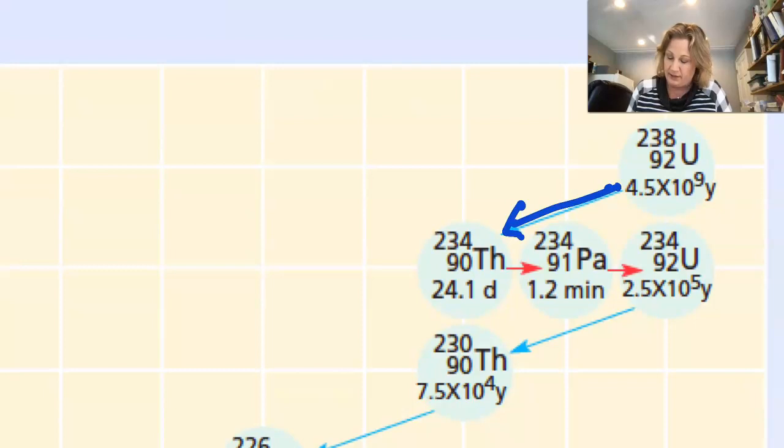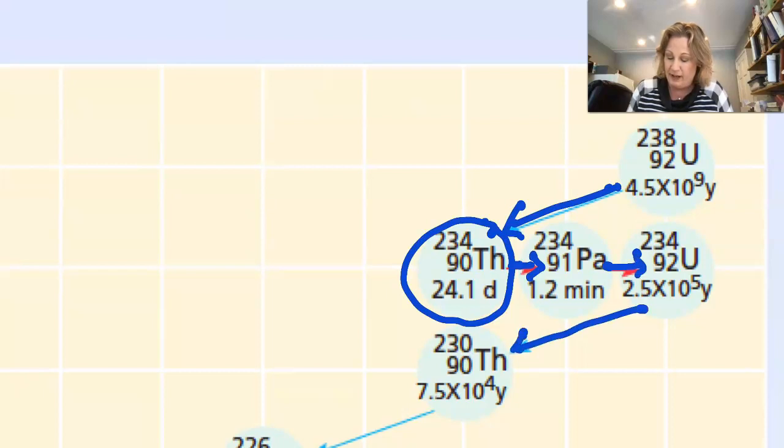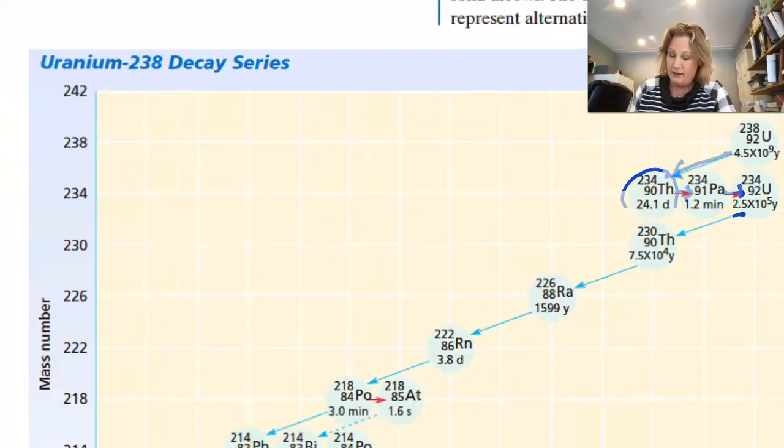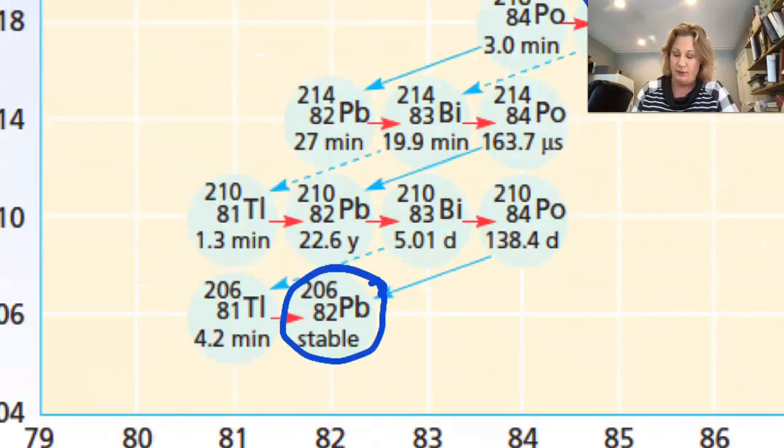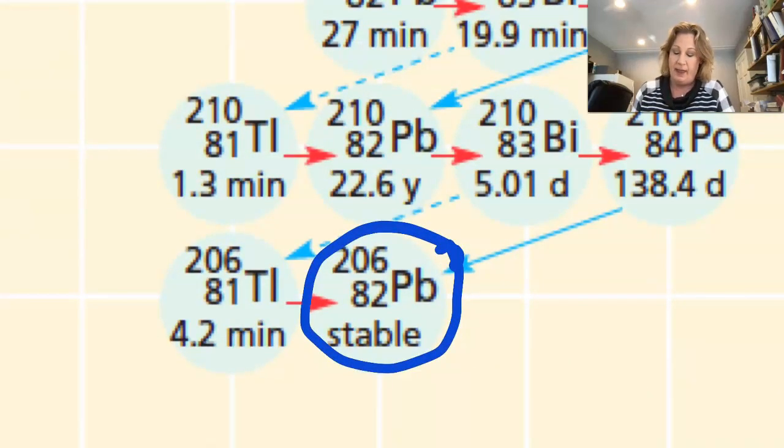And it takes 4.5 times 10 to the 9th years for that. Once the thorium is formed, which is the daughter, then it can undergo a beta decay, and it keeps doing this. So the elements have different half-lives and successively keep changing because everything that's produced is still radioactive until you get down to the final lead.